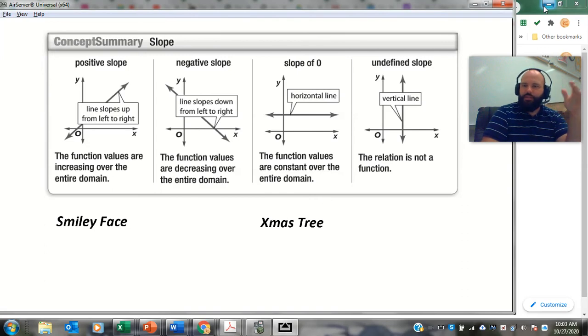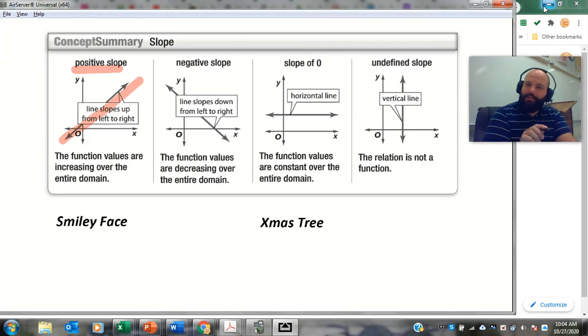This is really important. Just like you read sentences in a paragraph, you read mathematical graphs from left to right. So as you would trace this line right here, you can see it's going up left to right. And because it's going up left to right, that gives us a positive slope. So when it goes up like this, it's a positive slope.